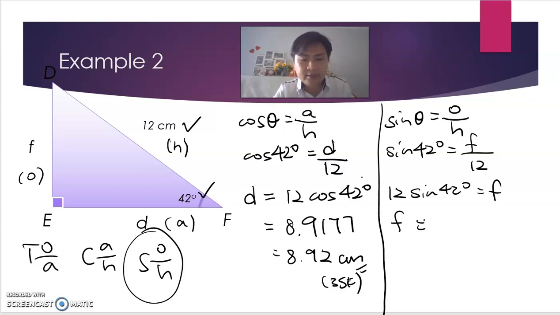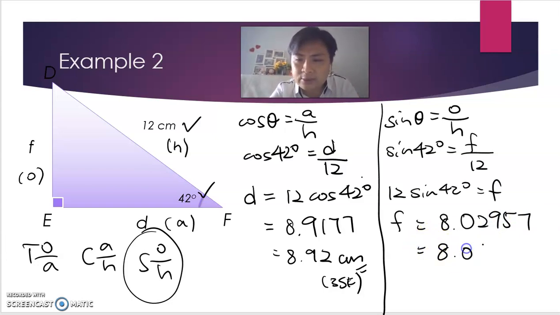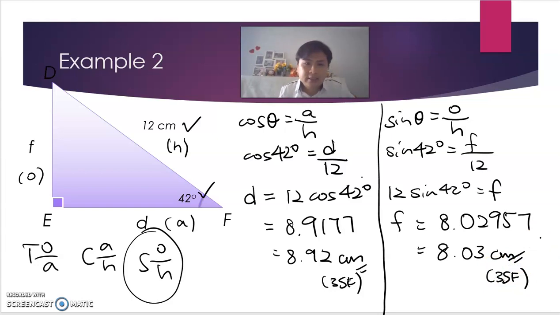We'll get 8.02957. Round off to 3 significant figures, you'll get 8.03 cm. And that's how we find the unknown lengths in a right angle triangle.